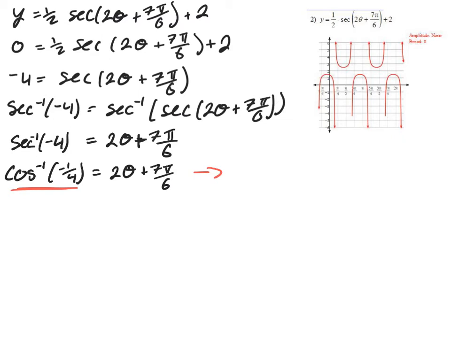We evaluate the inverses by asking, if I had my original function cosine, what theta value would get me -1/4? And if you look at your unit circle, none of those get us -1/4, right? So this is where we are going to use a calculator.